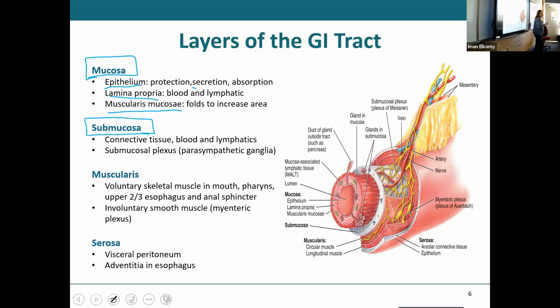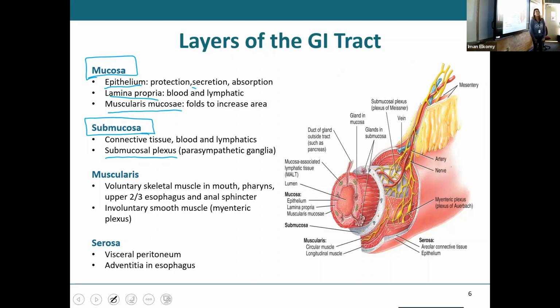Then we had the submucosa, which at the time we said was just connective tissue, some blood, and lymphatics, but there is a nervous component in the submucosa that is actually important, and that is the submucosal plexus. So the submucosal plexus is part of the autonomic nervous system, and we're going to talk about it in a little bit about exactly what it does, but the submucosal plexus actually controls the secretion of those glands.